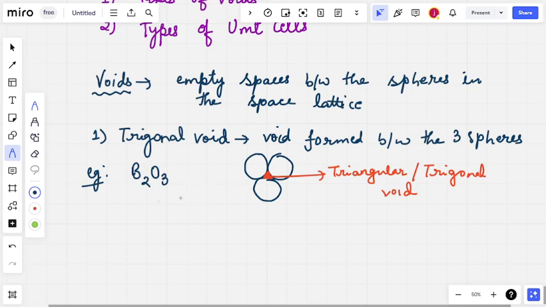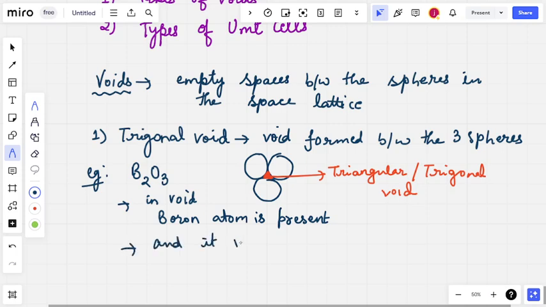In the void, the boron atom is present and it is surrounded by the oxygen atoms.